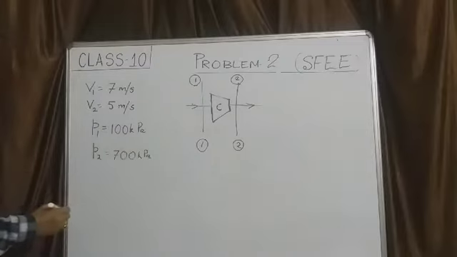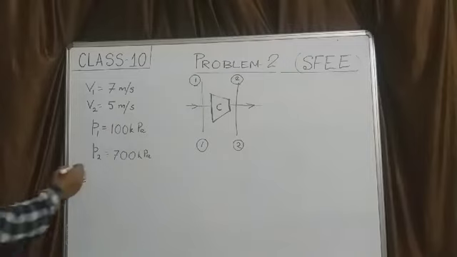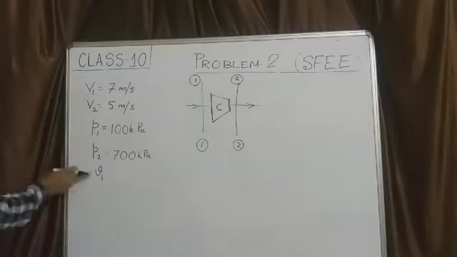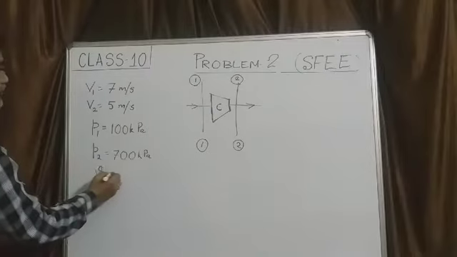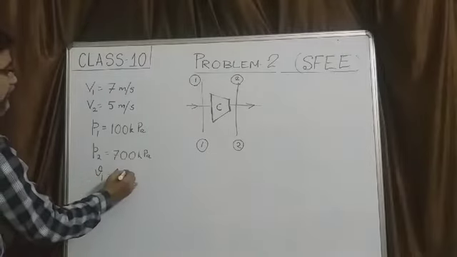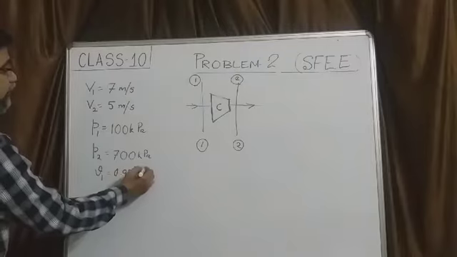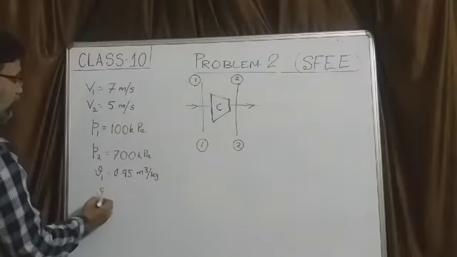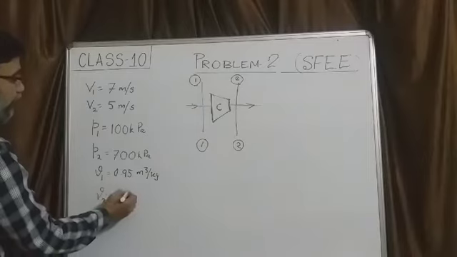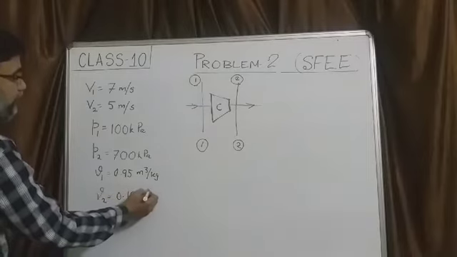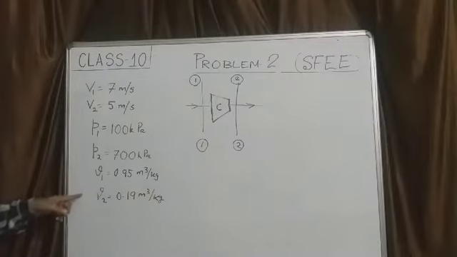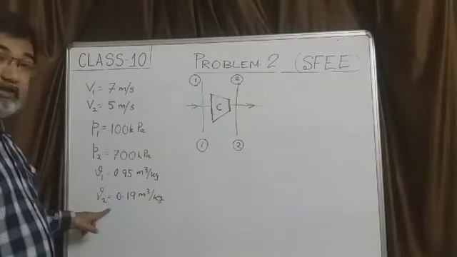What else is given? The specific volume, small v1, make a distinction between these two, is 0.95 meter cube per kg, and at the outlet v2 is 0.19 meter cube per kg. This is the specific volume at the entry and this is the specific volume at the exit of the compressor of air.